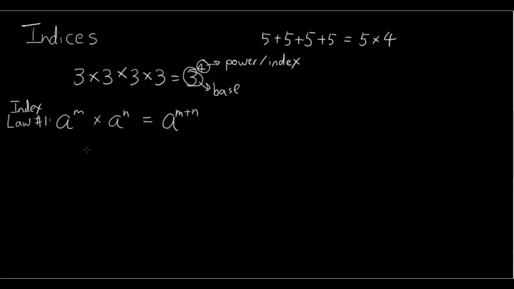Okay, so where does this law come from? Well, if you think of it this way, let's say we have 3 to the power of 4 times 3 to the power of 5.